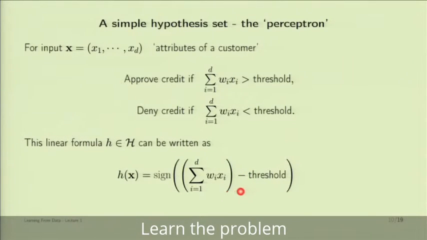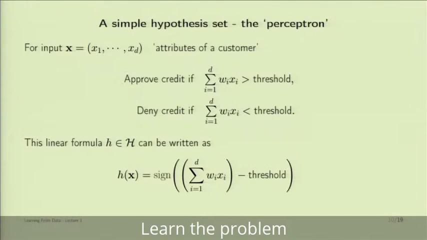If this quantity is positive, you will approve credit. If it's negative, you will deny credit. The function that takes a real number and produces +1 or -1 is called the sign. So when you take the sign of this thing, this will indeed be +1 or -1, and this will give you the decision you want. And that will be the form of your hypothesis.